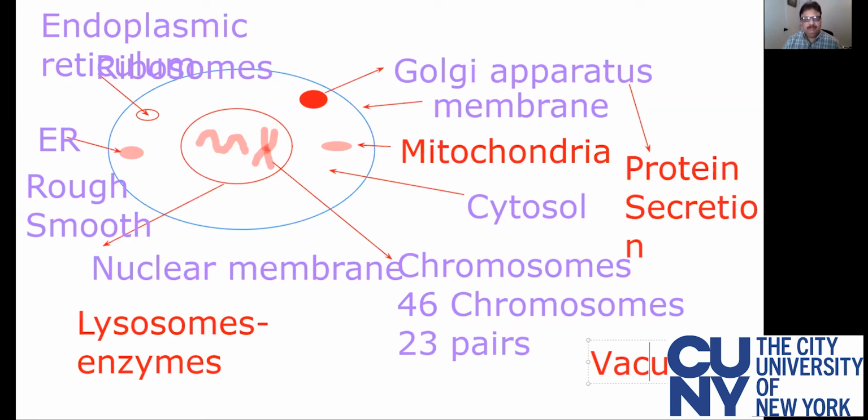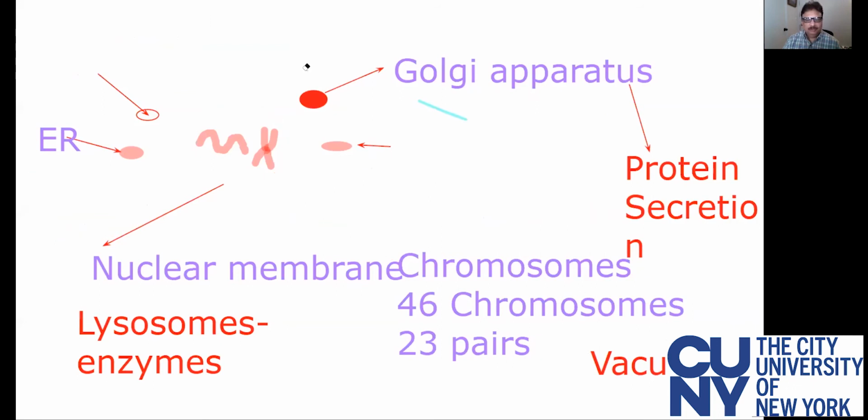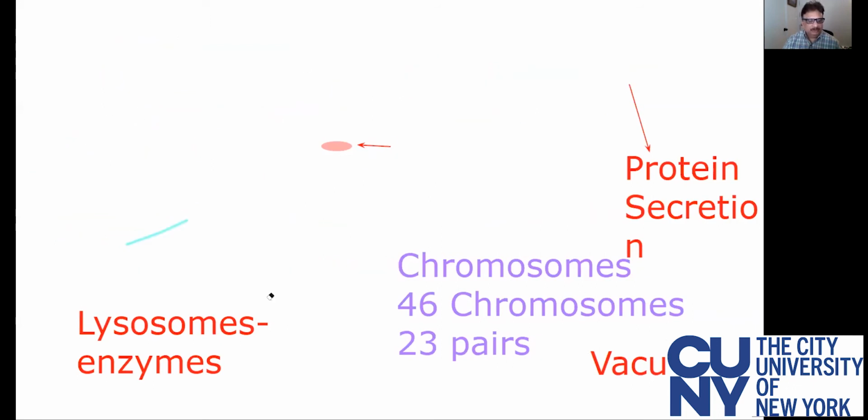Now, very briefly, I will talk about plant cells, because plant cells are also eukaryotes. But the major difference in the plant cell is that plants look green. The leaves look green.